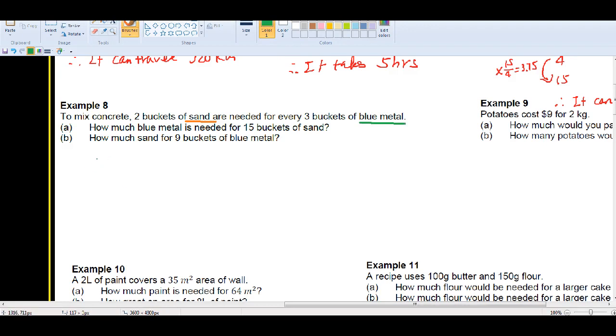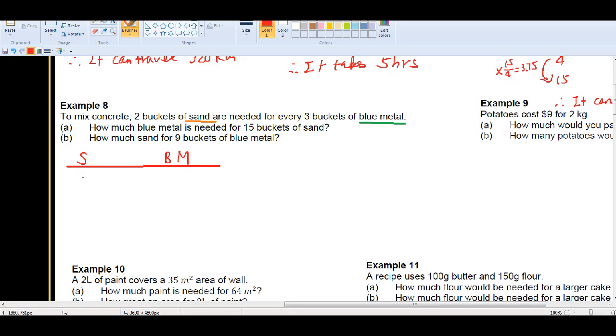So let me see. Okay, right, so let's do it this way. Again I'm going to make columns. So I got sand over here, and the other is blue metal, BM. Right, both are in buckets.